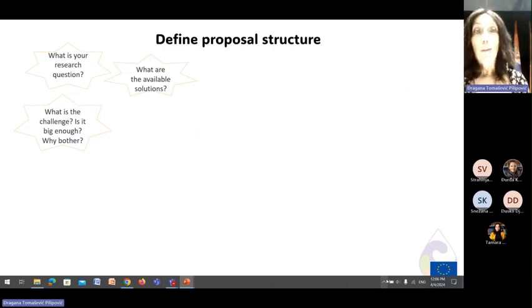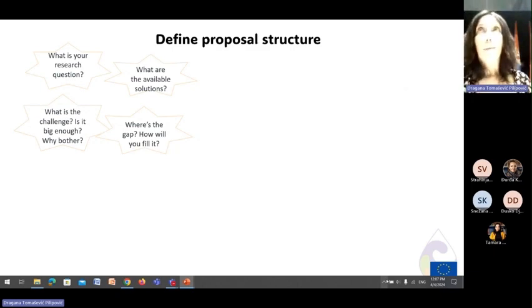And especially you have to describe what the other people haven't done yet, or have done incorrectly or not completely. So you have to find the gap. And once you find the gap, you have to fill it. So you have to propose your solution. You have to tell the Commission that you have an answer to the question, to the problem.